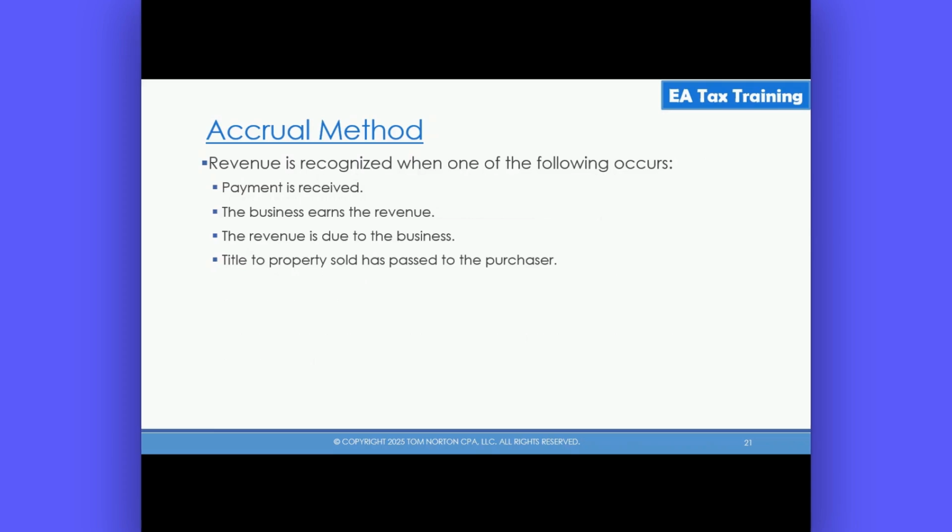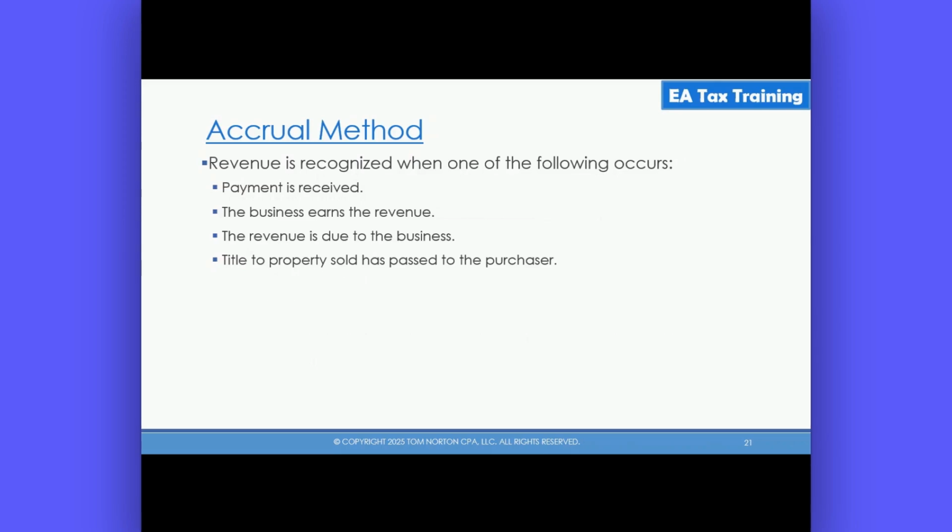Also, once the business has earned the revenue, so let's say you provide a service and the customer does not pay you then and there. So instead, you send them an invoice and they pay you later. Well, you have now earned that revenue because you have provided that service. They owe that money to you. Therefore, you will recognize it as income on the accrual method. Similarly, when the revenue is due to the business.